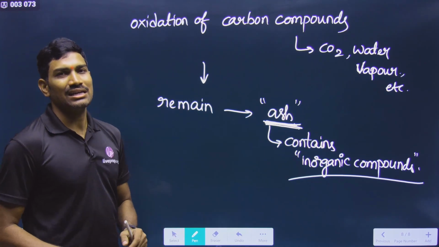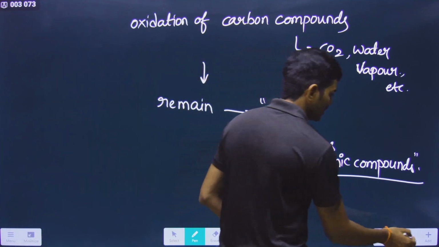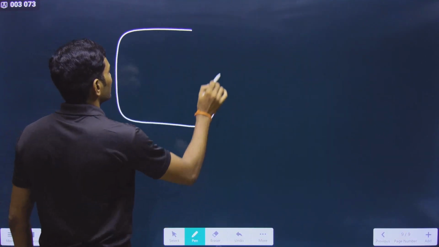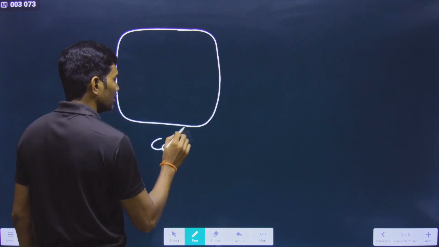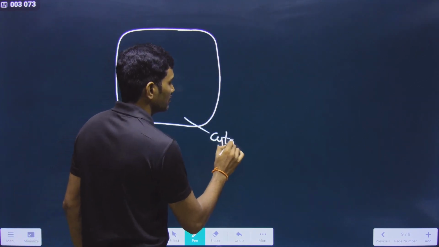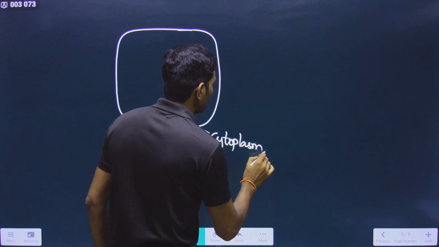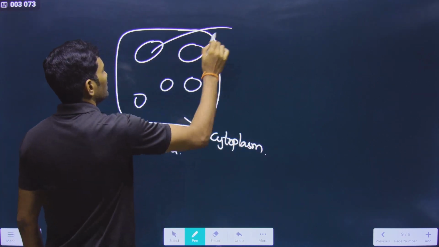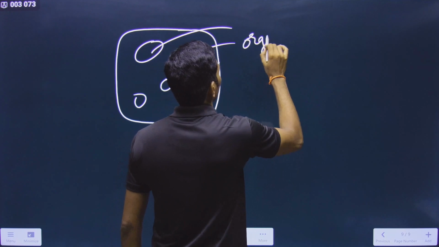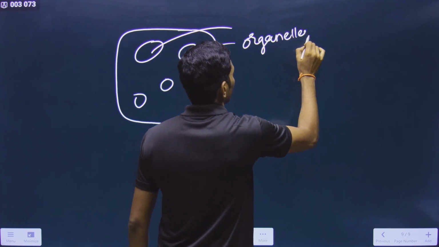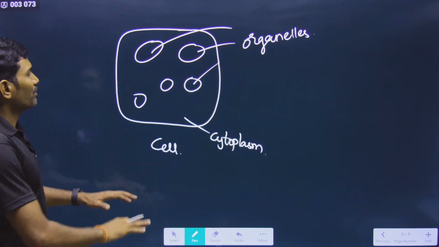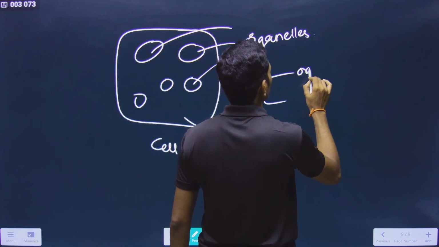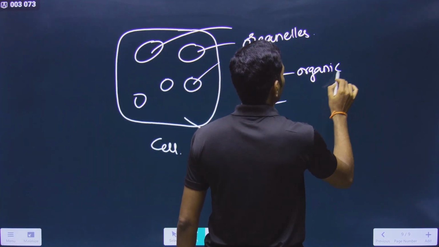Before reading this NCERT content, there is another sentence in NCERT that I will try to tell you. Suppose you are talking about a cell. This is the cytoplasm. Not only cytoplasm, there are some organelles that are present. These are the organelles. Yes or no? So from all these things, overall, we are getting both organic and inorganic compounds.